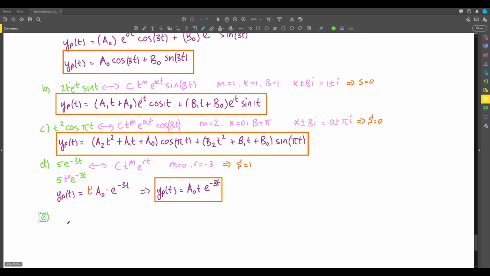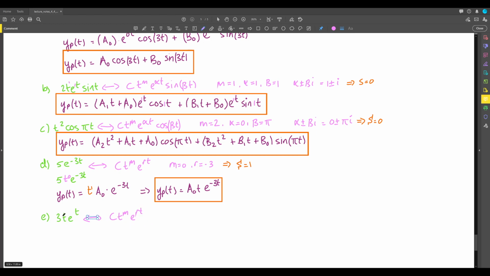So we have 3t e to the power t. And now let's compare that with our general form, ct to the power m e to the power rt.